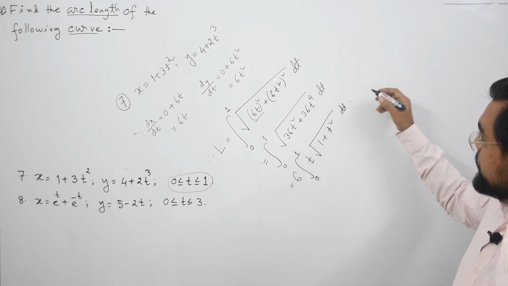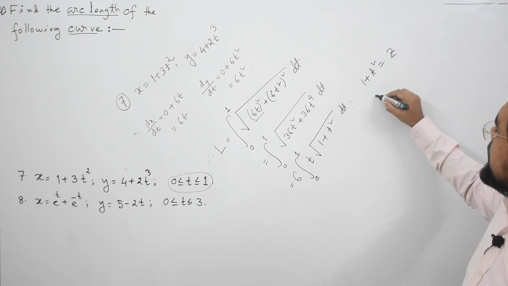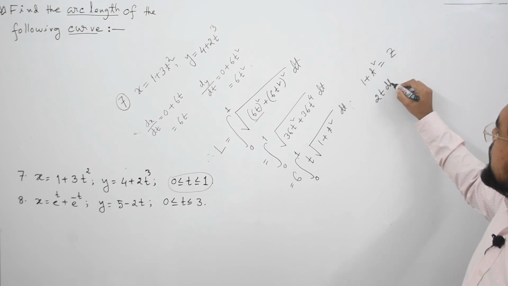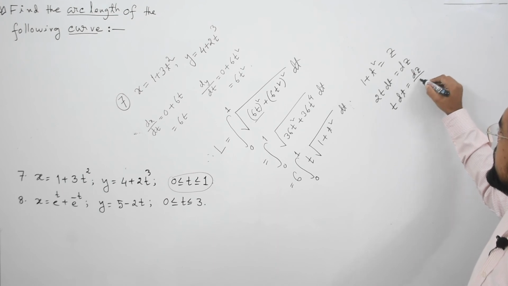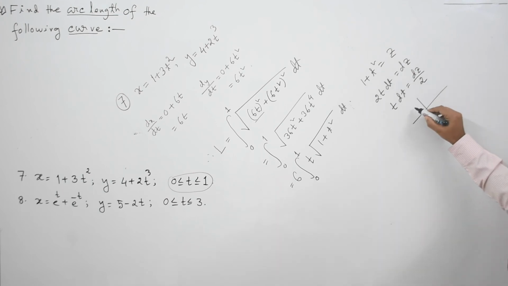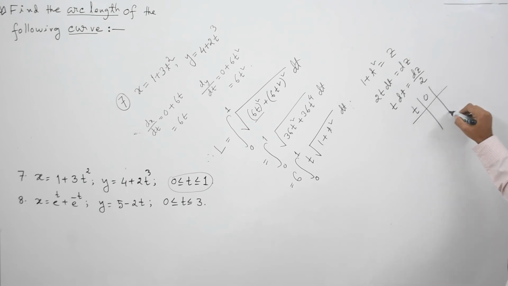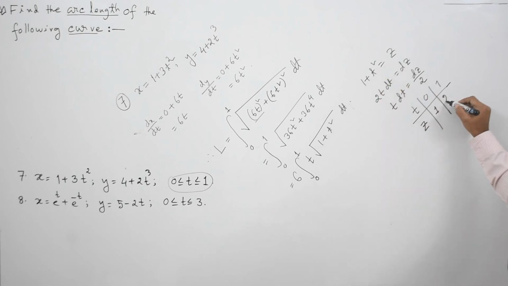Now we can use the substitution 1 plus t² equals z, so 2t dt equals dz, therefore t dt equals dz by 2, and the limits will also change. When t equals 0, z equals 1, and t equals 1 gives z equals 2.